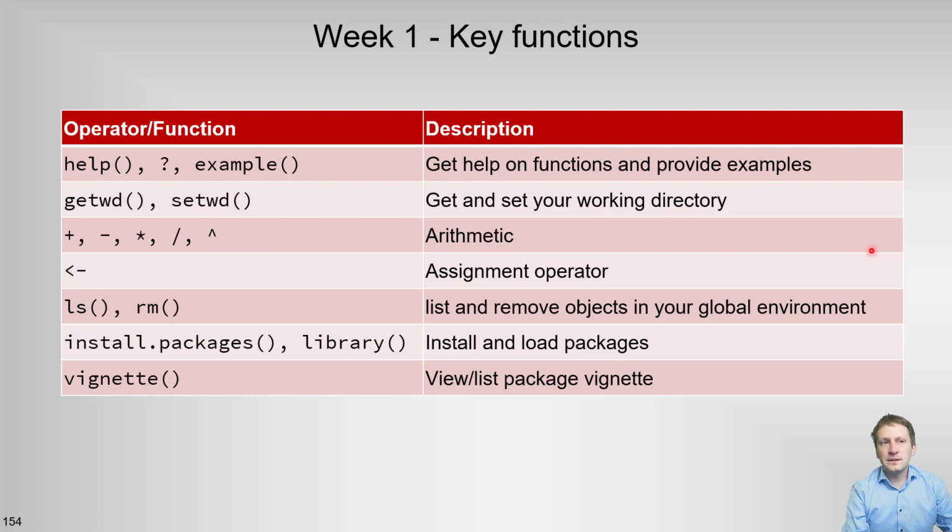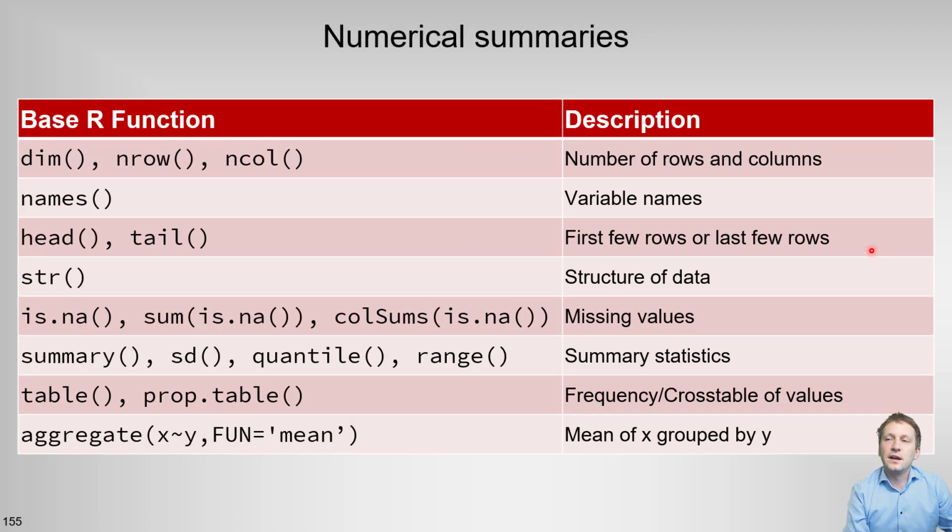Okay, for your convenience, I've summarized some key functions in this table here, including help, get your working directory, arithmetic, assignment operator, listing and removing objects, installing packages, and looking at vignettes. For numerical summaries, checking dimensions, obtaining names, so the names attribute, obtaining the first few rows or last few rows to just take a peek at what the data is, assessing the structure of data, counting missing values, summary statistics, frequency and cross tables, and subgroup means.